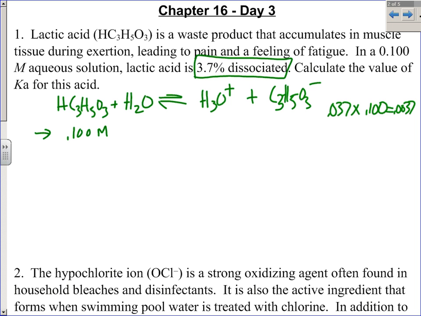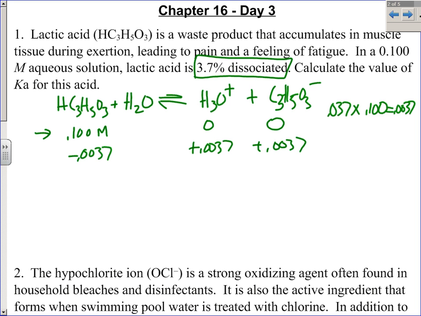So I know in this particular case, at the beginning here, these are going to be 0. So we started with this concentration. We just found out it's going down by 0.0037. And by the stoichiometry here, this is a 1-to-1-to-1 equation. That means both of my product concentrations have to be going up by 0.0037.